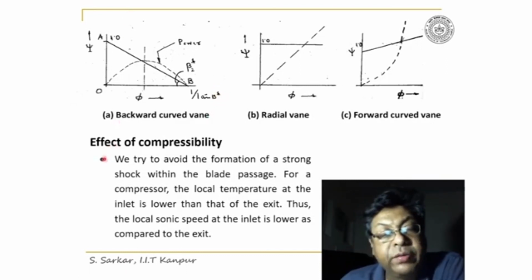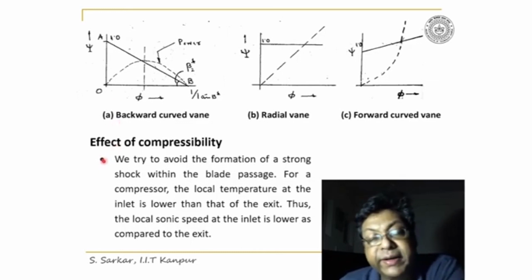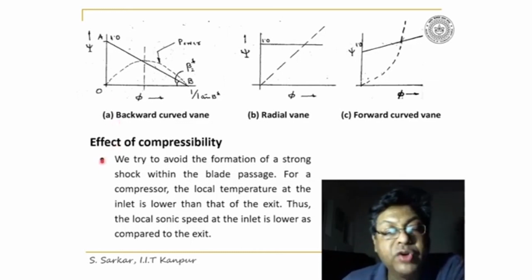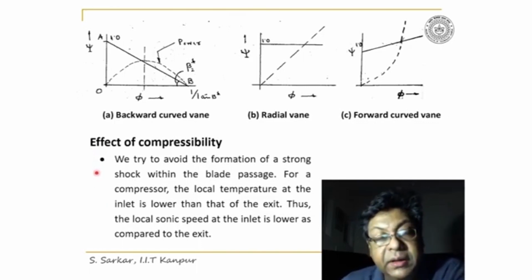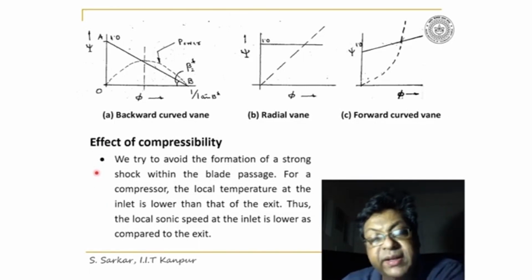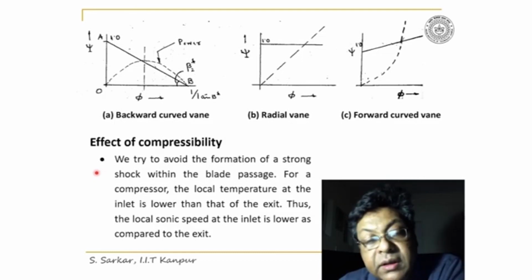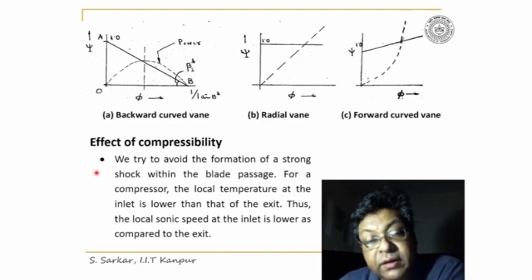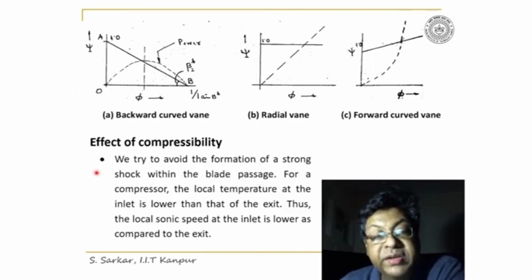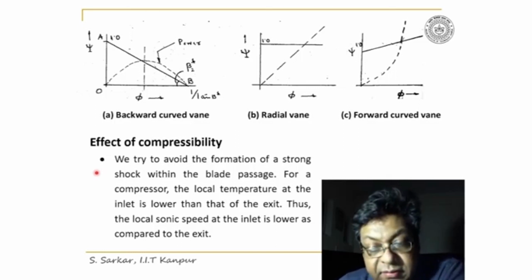Now I'll take you in a completely different direction, that is the effect of compressibility for a radial impeller. If we consider a compressor, a radial flow machine, and the flow is compressible, then we always try to avoid formation of shock within the blade passage.